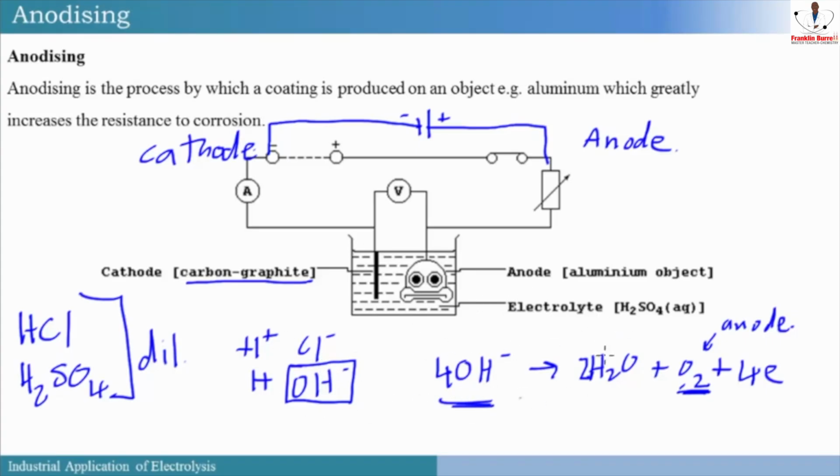So we should understand that we must use a dilute acid for our electrolyte, and the object we want to coat with the oxygen, this time it must be placed at the anode, and the cathode must be inert. So you see that we want to coat this aluminum object with oxygen to form aluminum oxide, and that oxide will increase the resistance to corrosion.